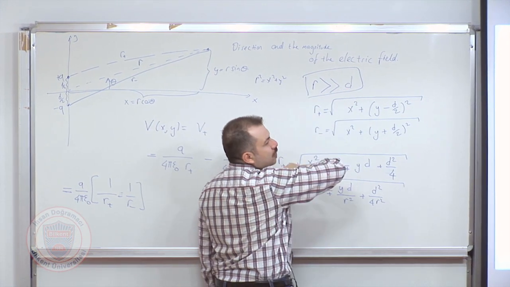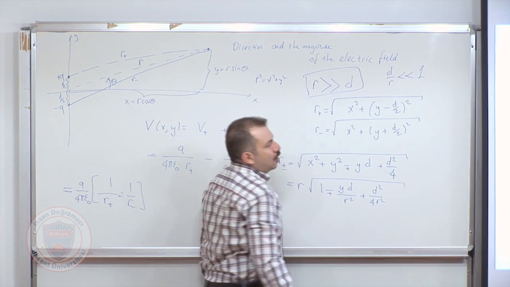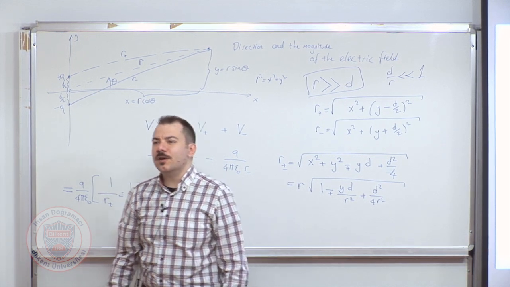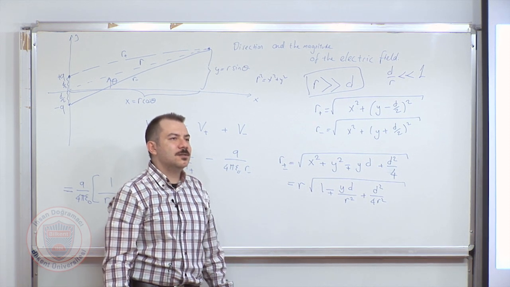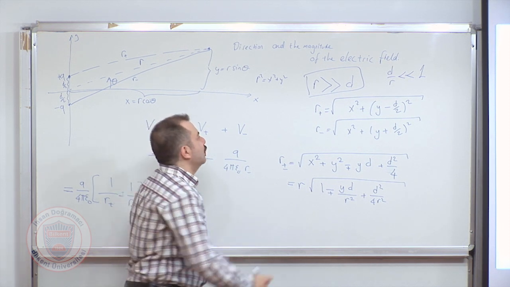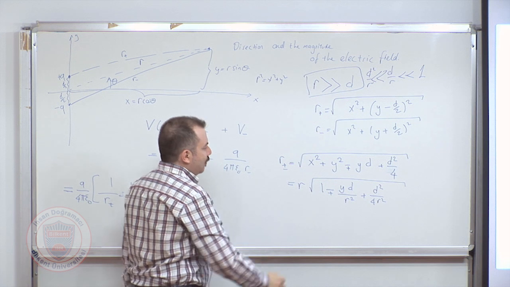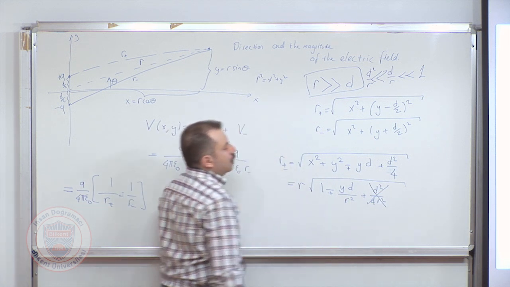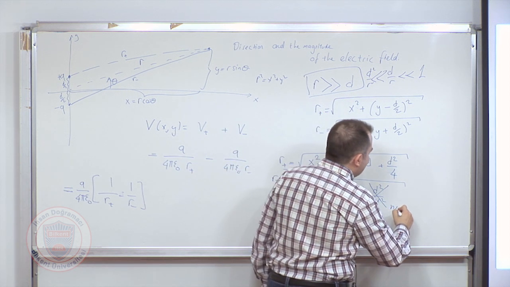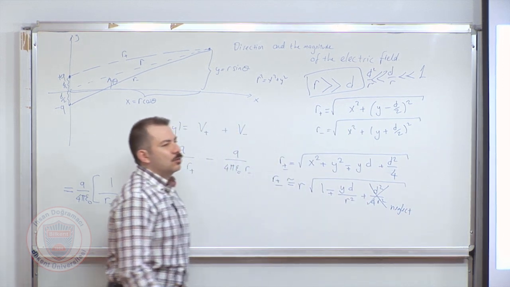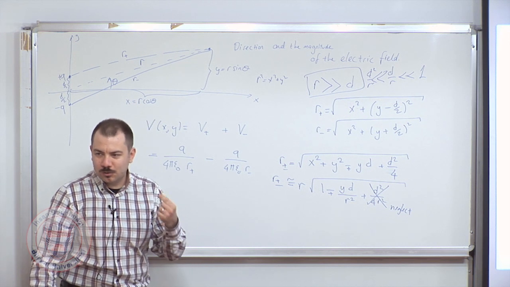If r is much larger than d, d over r is much smaller than 1. How about d square over r square? Say d over r is a number like 0.0001. D square over r square is much smaller. So this is actually going to be much smaller, which means I am going to make my first approximation. I'm going to neglect it with respect to yd over r square or 1. So this is going to be the smallest term here.